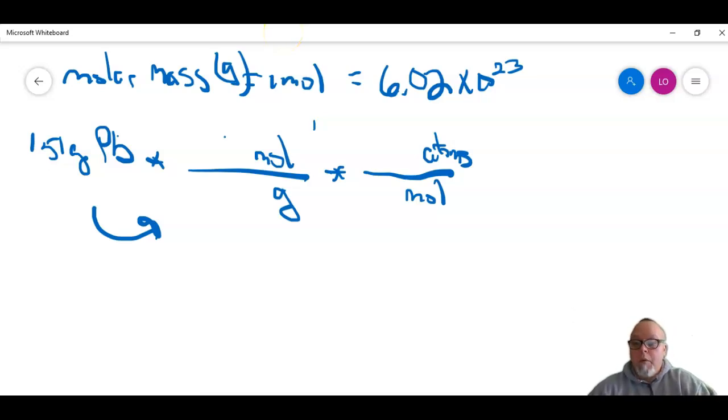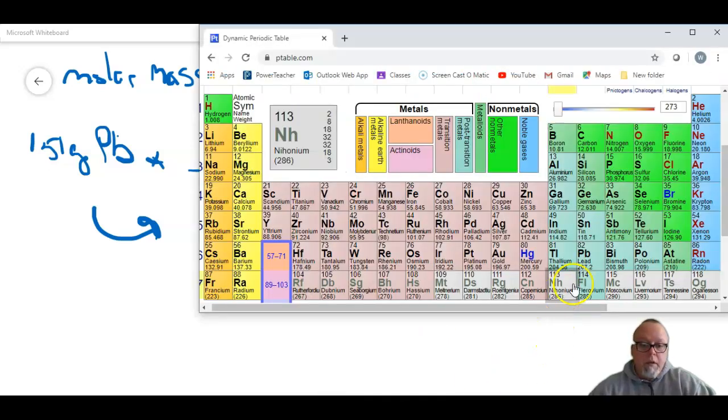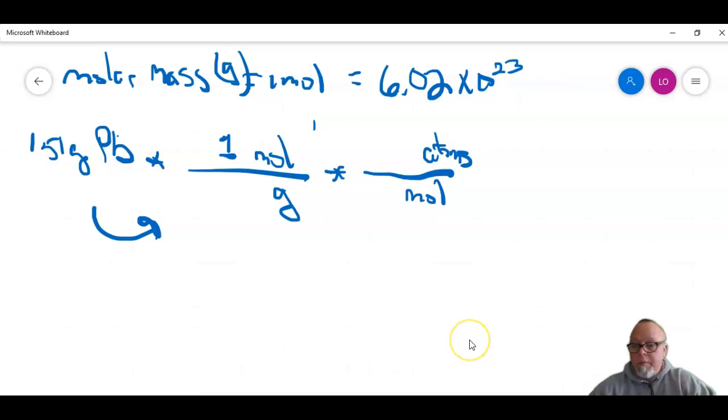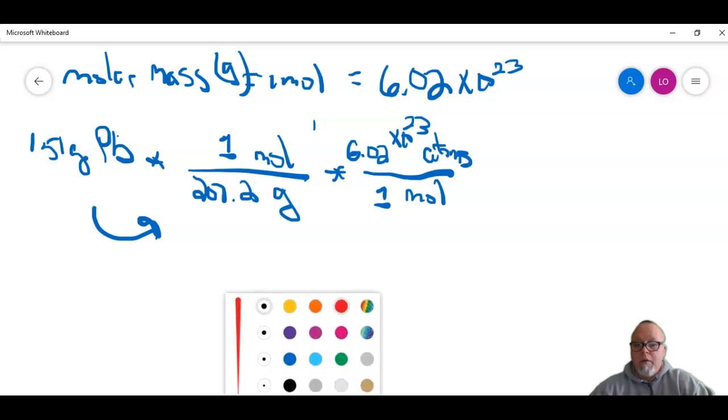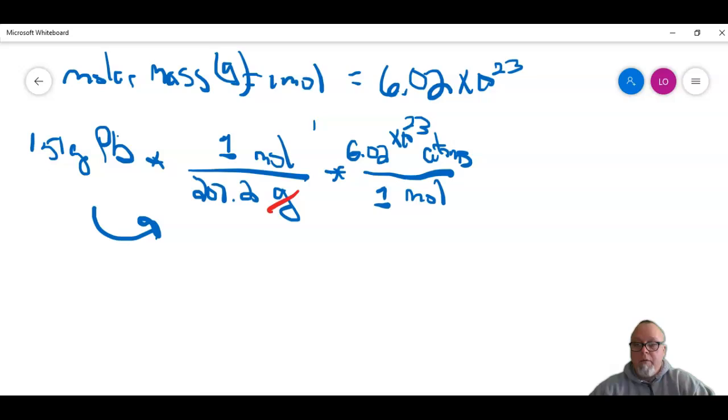1 mole of lead is 207.2 grams, and 1 mole of lead has 6.02 times 10 to the 23rd atoms. So our conversions are appropriate: grams cancel, moles cancel with moles, and we are left with atoms.